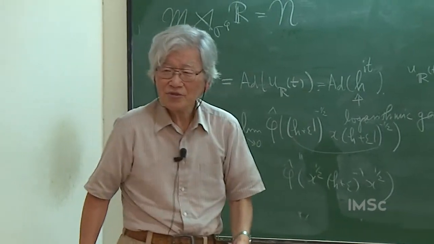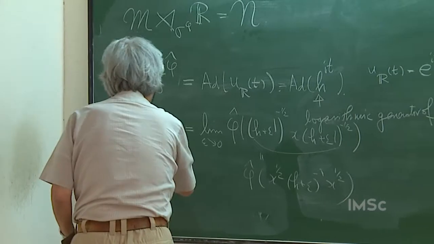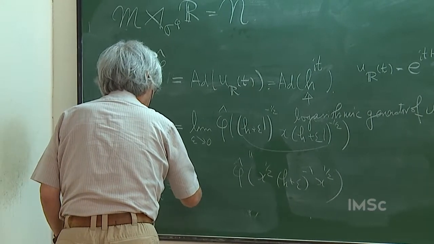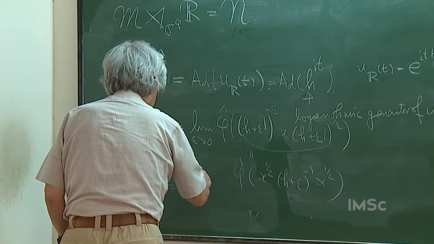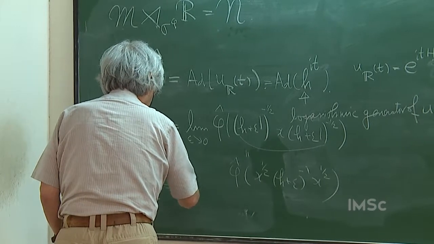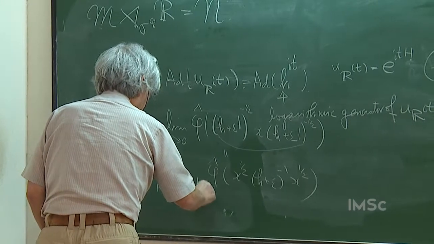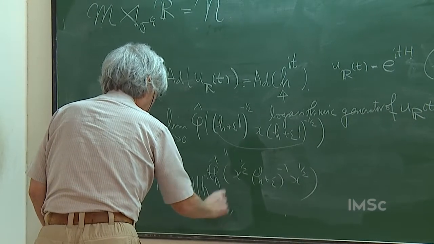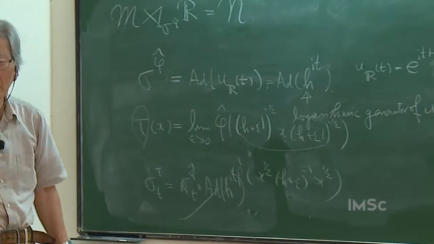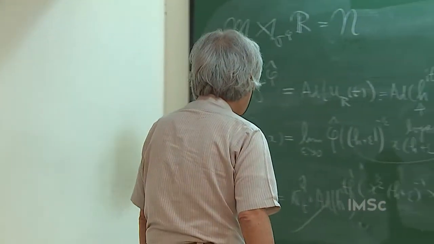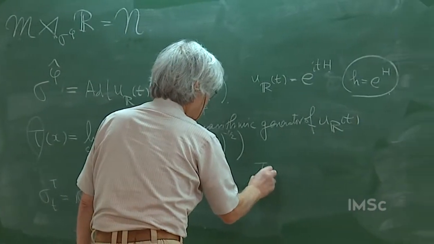So the modular homomorphism of tau, indeed of t, is sigma phi hat of t followed by h to the minus it, and then this goes to identity. Okay, so the modular tau is a trace.